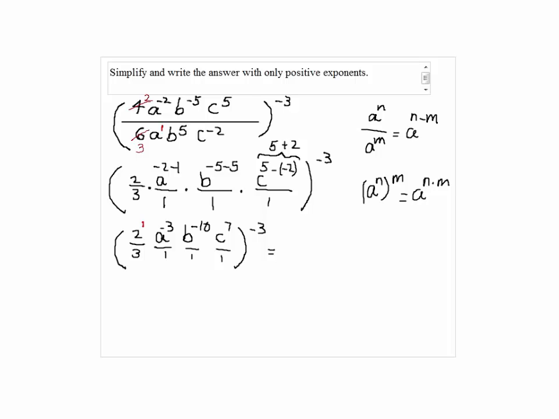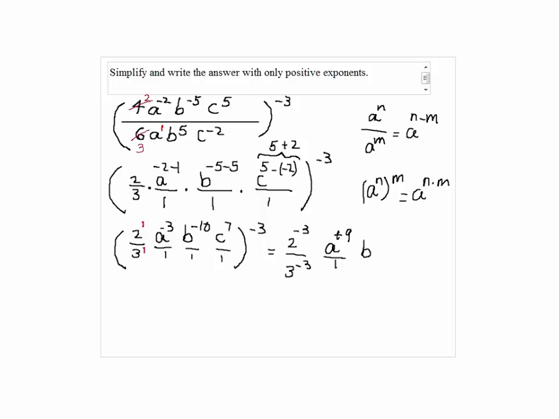So if I do that now, as you remember, a to the power of n to the power of m is equal to a to the power of n times m. And the exponents for 2 and 3 both are 1 here. So I would get 2 to the power of 1 to the power of negative 3, which is 2 to the power of negative 3, and 3 to the power of negative 3.